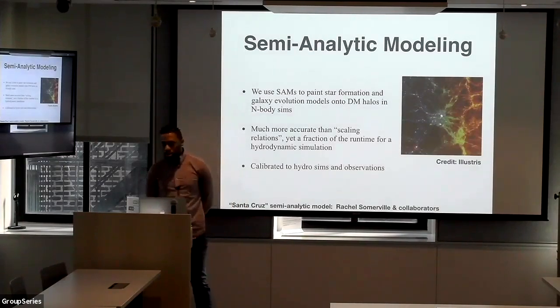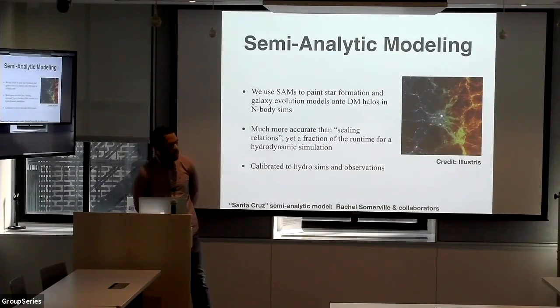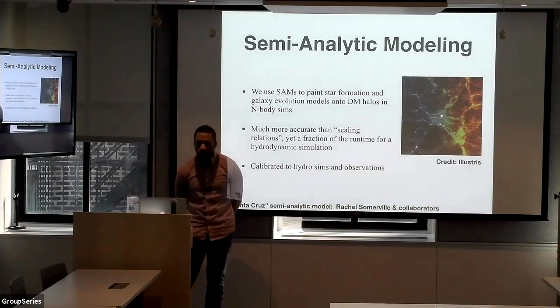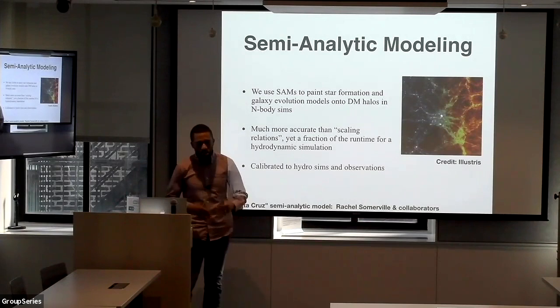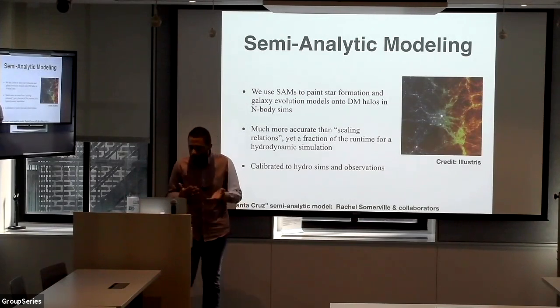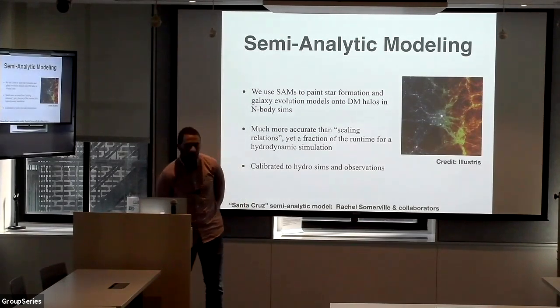And so a method that has been developed, not specifically for this purpose, it's been used for many purposes, but it will be very useful for intensity mapping, is called semi-analytic modeling.